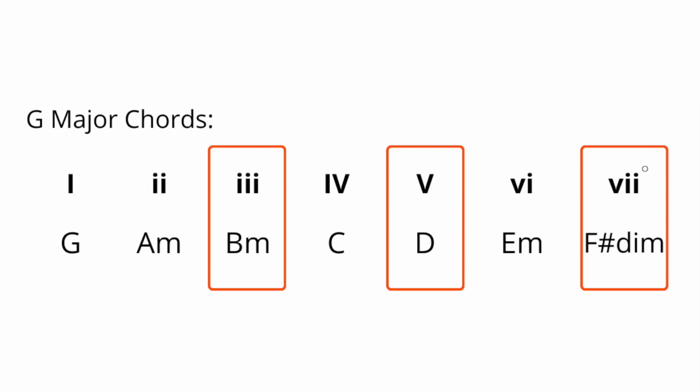Now, if I flat the 7th degree, so F sharp down to F, as we've just said happens for G Mixolydian, it changes 3 of the chords, because if you look at G major, the F sharp is in 3 chords. If I change that to an F, each one of those chords changes, and quite significantly changes the tone or the mood of the key, if you like, to be Mixolydian.